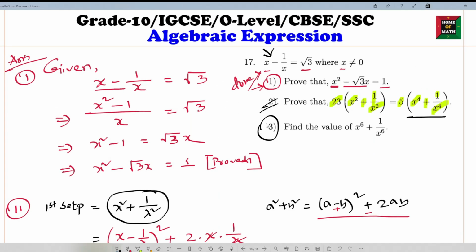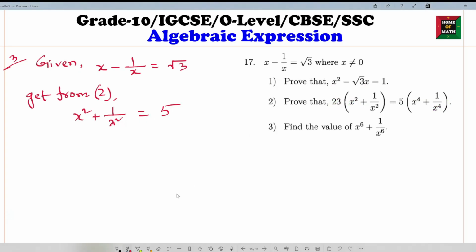Now number 3: x to the power 6 plus 1 by x to the power 6. Look, in the given we get x minus 1 by x equals root 3, and in number 2, when we tried to solve, that time we got x square plus 1 by x square equals 5.